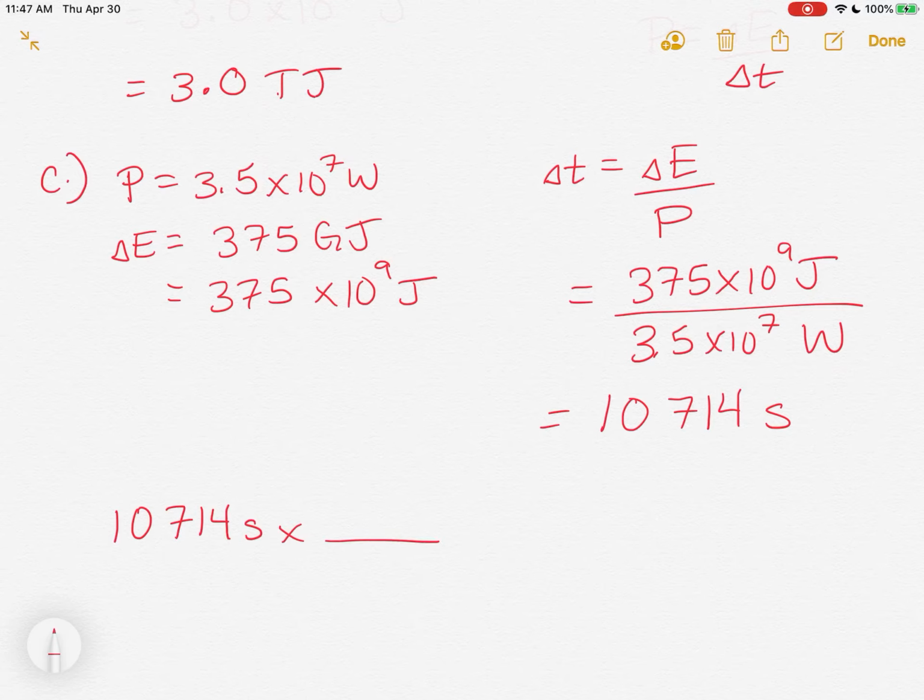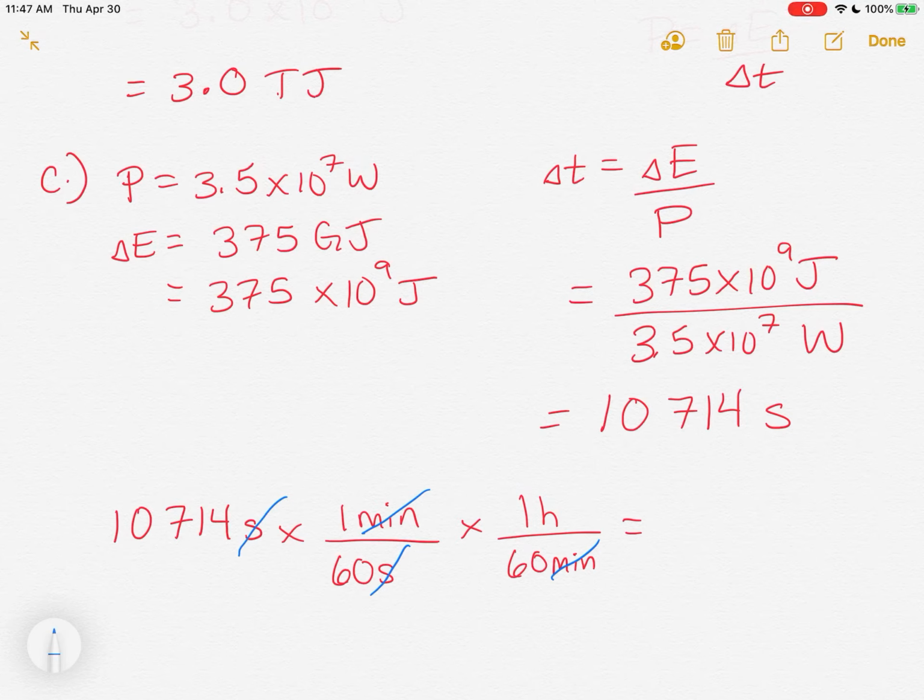So 10,714 seconds. We're going to multiply by the fact that there are 60 seconds in 1 minute, and then 60 minutes in 1 hour. So that's going to allow us to cancel out the units we want to get rid of and be left with hours as our unit.